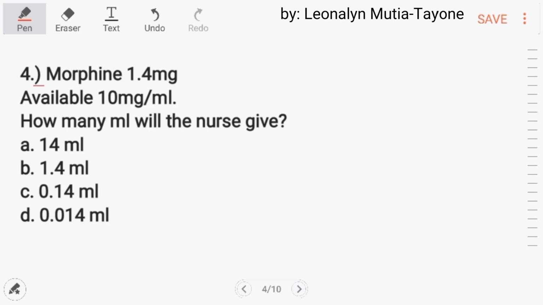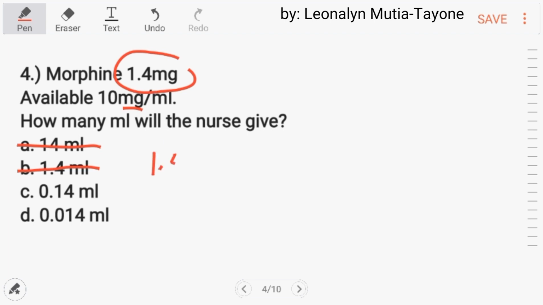Number 4. The order says morphine 1.4 milligram. Available 10 milligram per ml. How many ml will the nurse administer? Knowing that you only have to give 1.4 milligram, which is less than 10 milligram, and 10 milligram is in 1 ml only, that means we will only administer less than 1 ml. We will eliminate choice A and B because they are more than 1 ml.